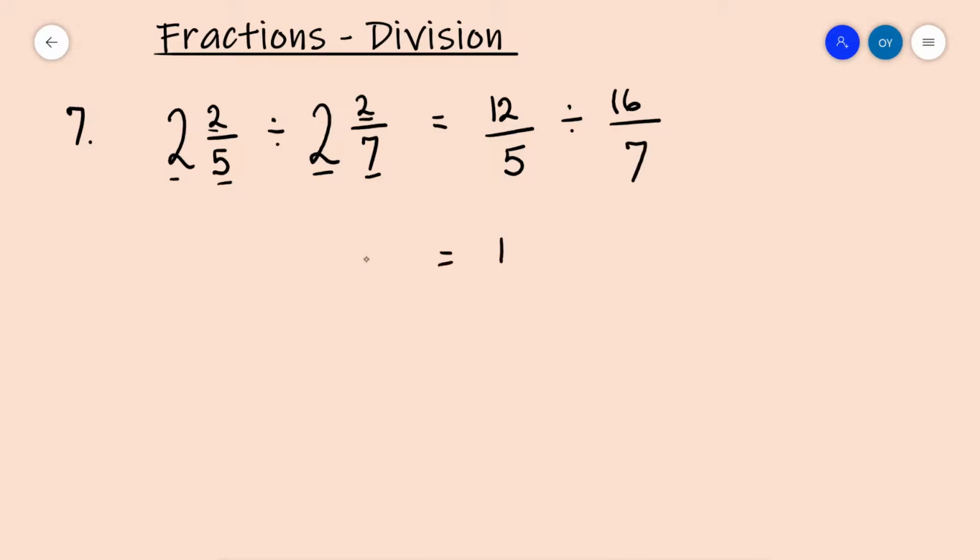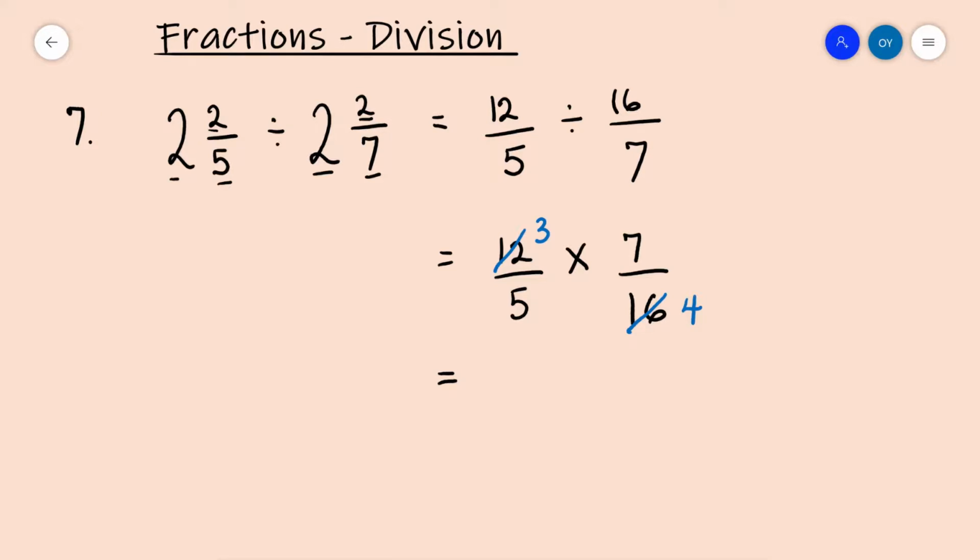We have 12 over 5 multiplied by 7 over 16 by taking the reciprocal. Now we reduce to the lowest term by simplifying further. So we have 4, 12 divides 4, 3, 16 divides 4, 4, and that would be all here.